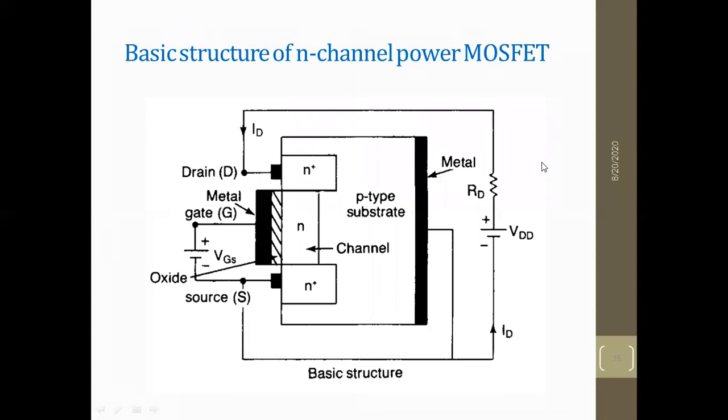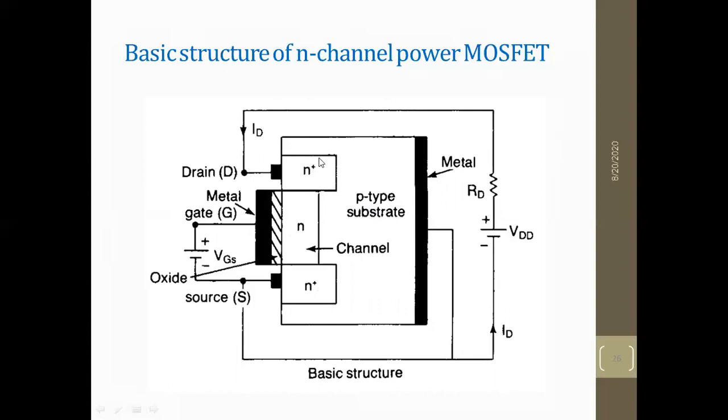Next, the basic structure of the N-channel power MOSFET is shown here, consisting of a P-type silicon substrate, and heavily doped N positive layers have been placed.